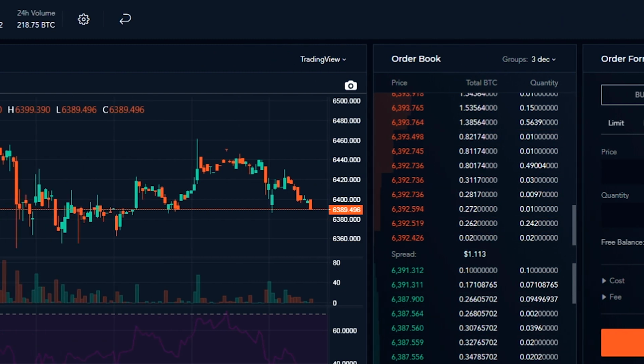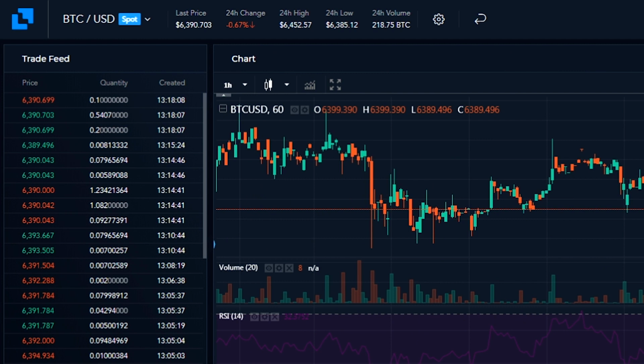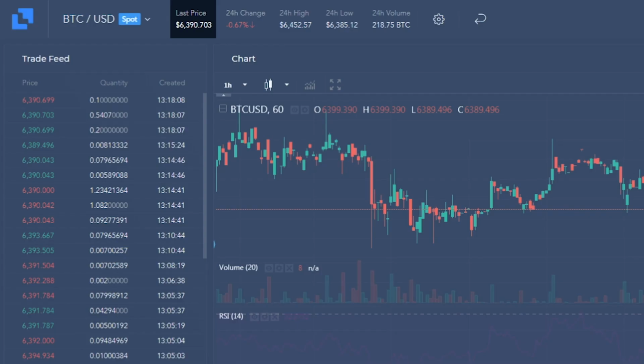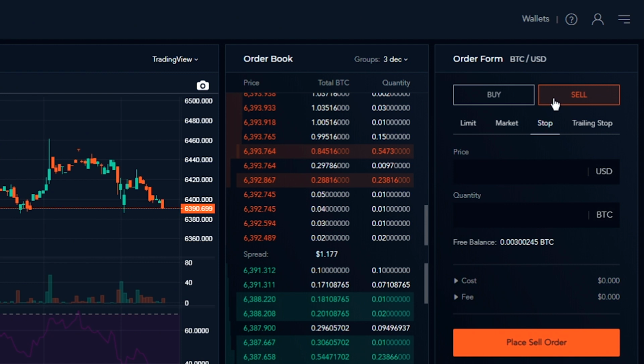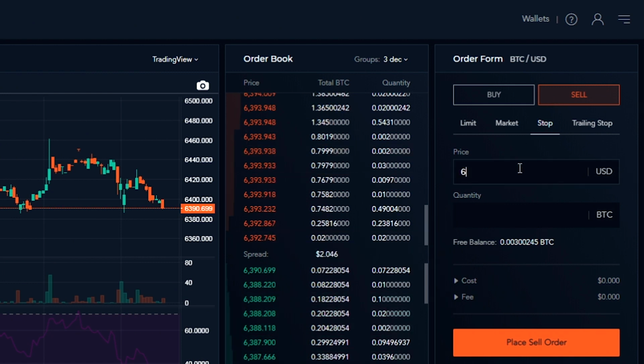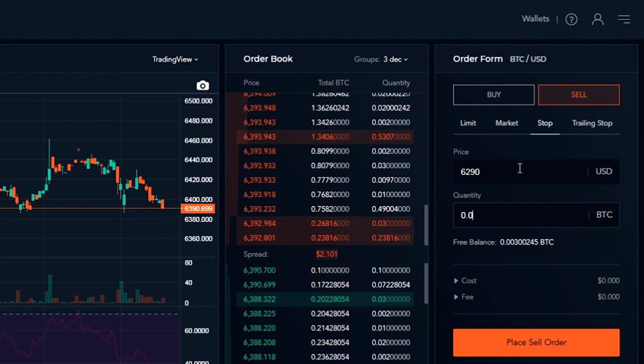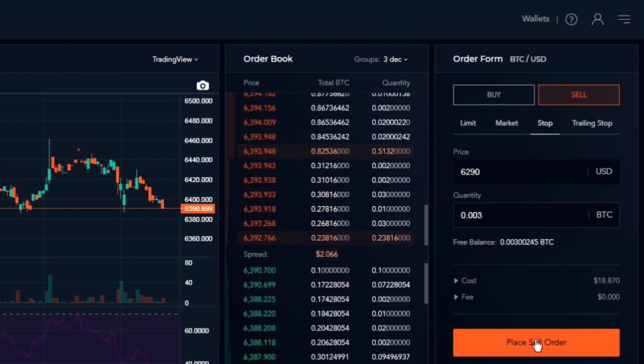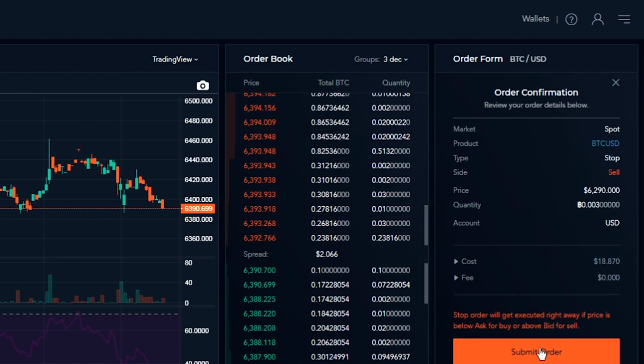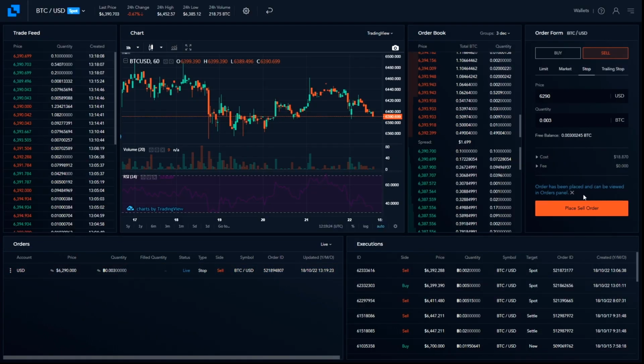At the moment, we can see the market price of BTC is $6,390. If we want to protect our investment, we can set a stop order at $6,290, $100 below the current price, to cover us in case the price starts to dip. When the price hits $6,290, the stop order will be executed as a market order.